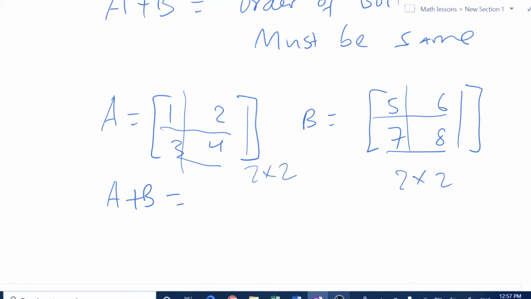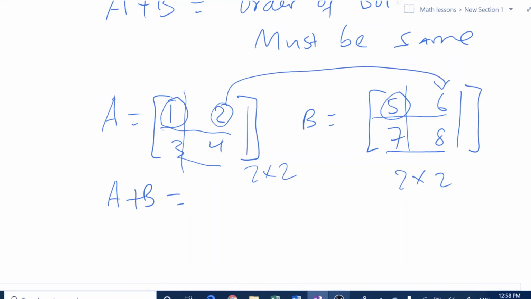To add A plus B, you have to add each corresponding element of the matrices. You will add 1 with 5, then 2 with 6, 3 with 7, and 4 with 8.